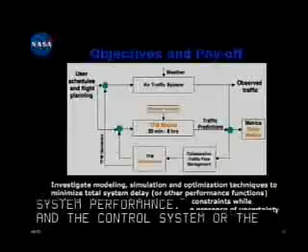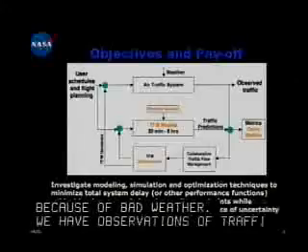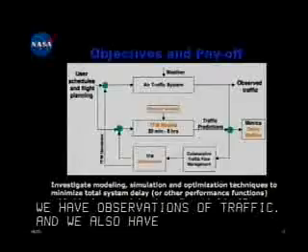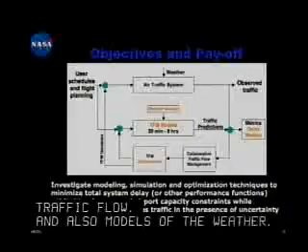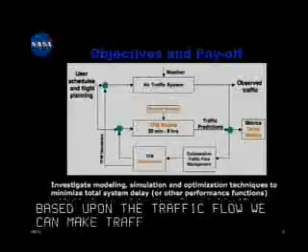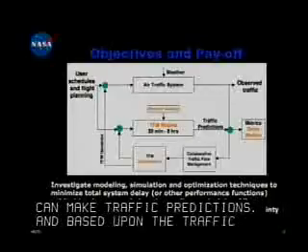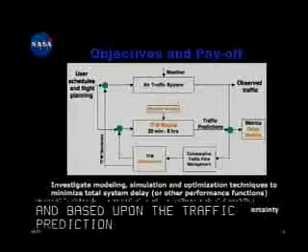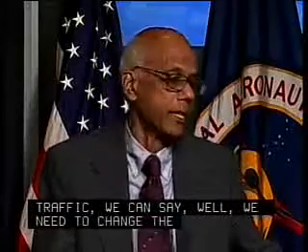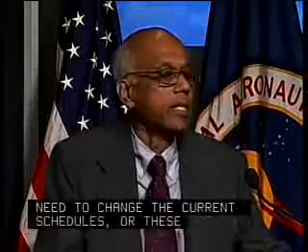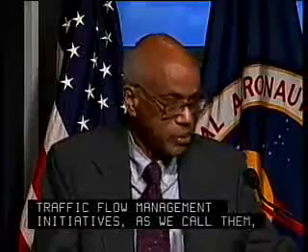And we have observations of traffic. And we also have models of traffic flow and also models of the weather. Based upon the traffic flow, we can make traffic predictions. And based upon the traffic predictions as well as the observed traffic, we can say, well, we need to change the current schedules, or these are the traffic flow management initiatives, as we call them, taking also into account the views of the airlines.